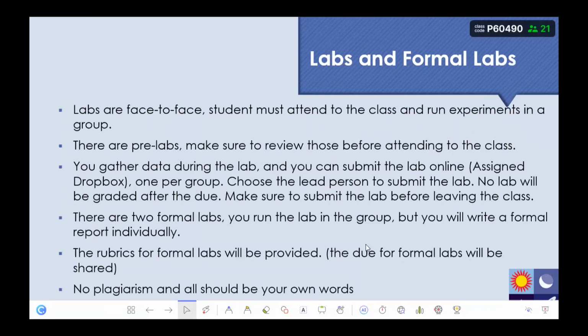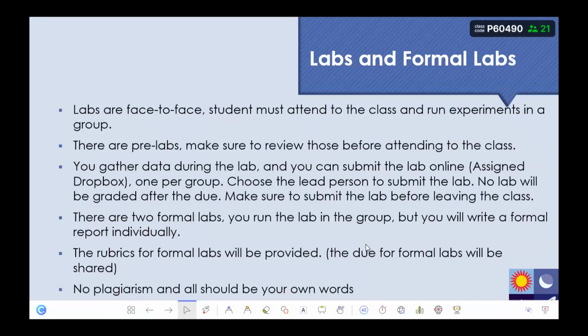We have 24 students in this class, though today I don't think we have more than 21. So 6 groups of 4 students, and you run the lab in a group and then submit a lab report at the end of the class.